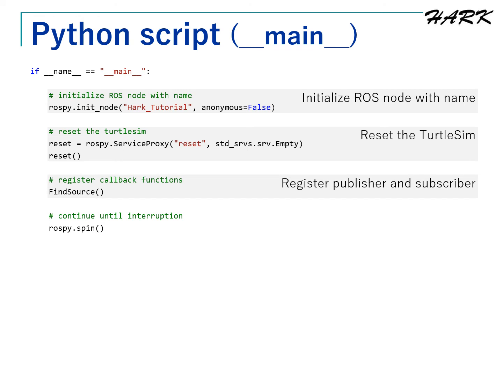The third block registers the publisher and subscriber to this ROS node. The final block is the rospy.spin method. This method prevents terminating this Python script and keeps the callback function running.